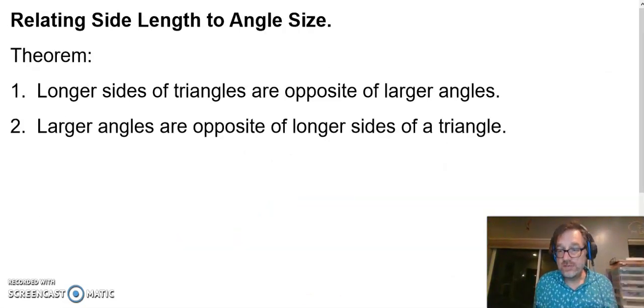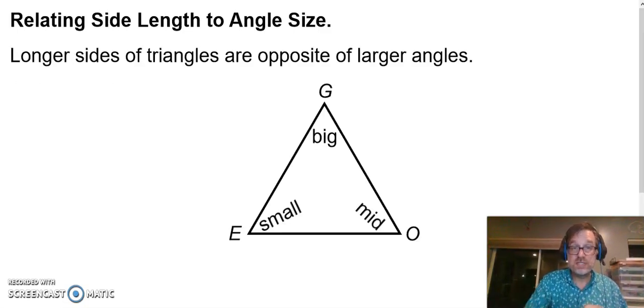The second part of this video is I wanted to relate angle size and side length. We are told longer sides of a triangle are always opposite larger angles, and larger angles are always opposite longer sides. So let's look at that in a picture.